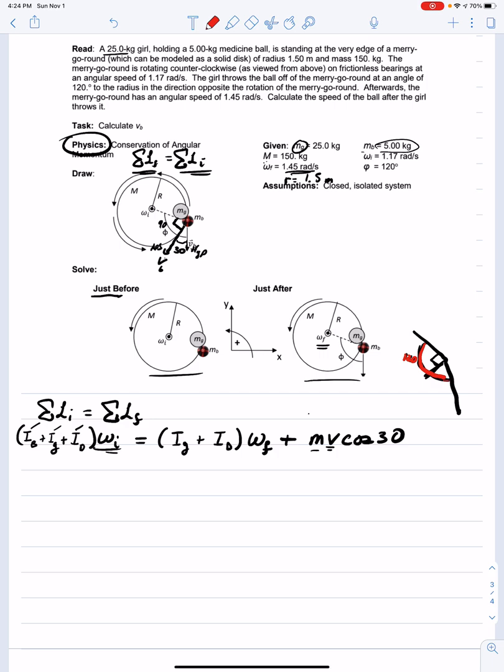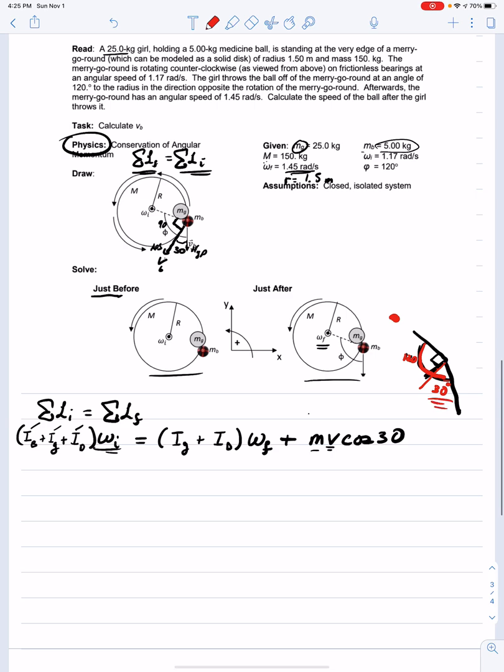And we want to make sure that the angular momentum is perpendicular to the axis of rotation. So the axis of rotation is right here. Okay? What we need is this angle right here. That angle is 30, because 120 minus 90 is 30.